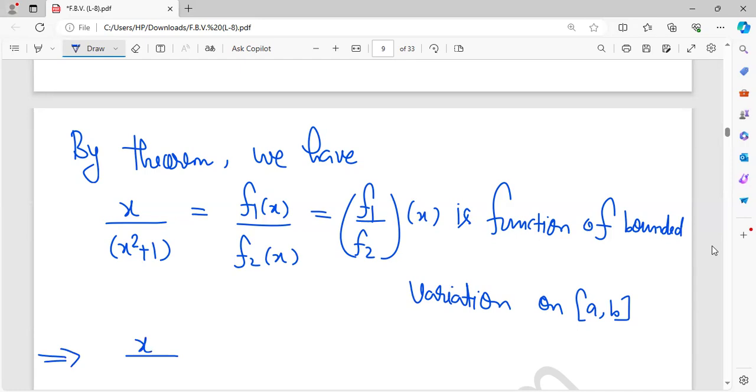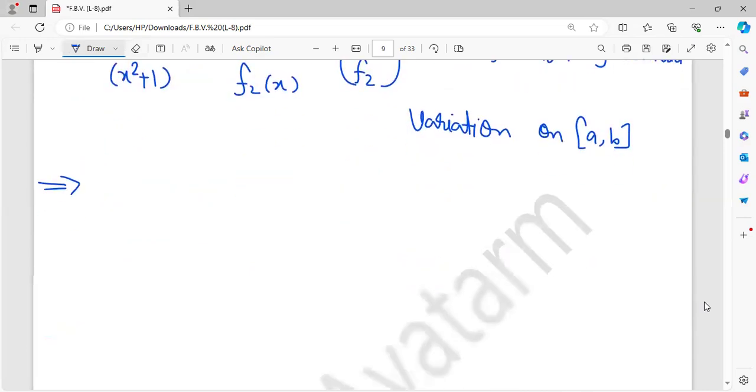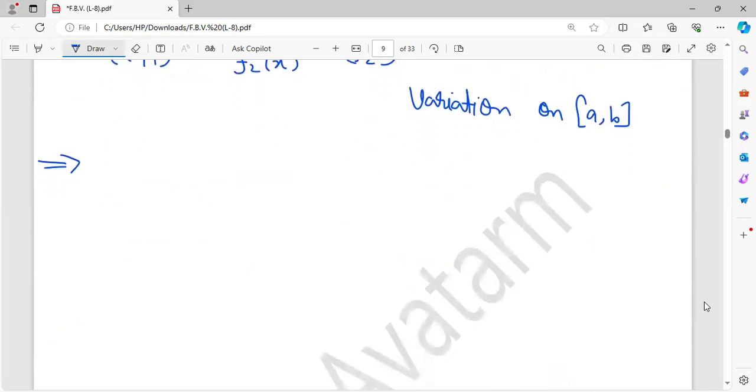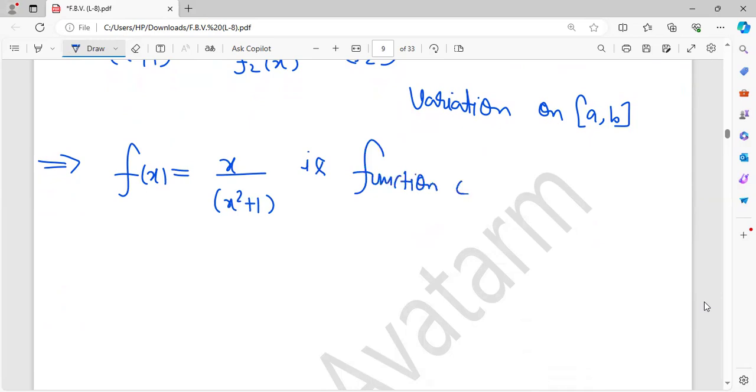So this implies f(x) is equal to x upon x square plus 1 is a function of bounded variation on [a, b].